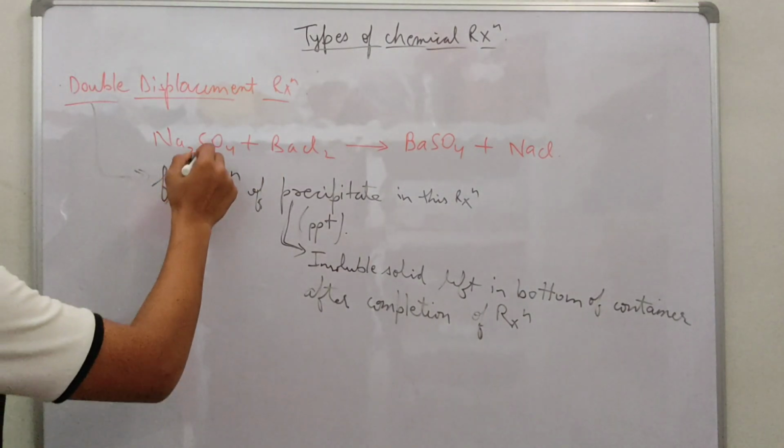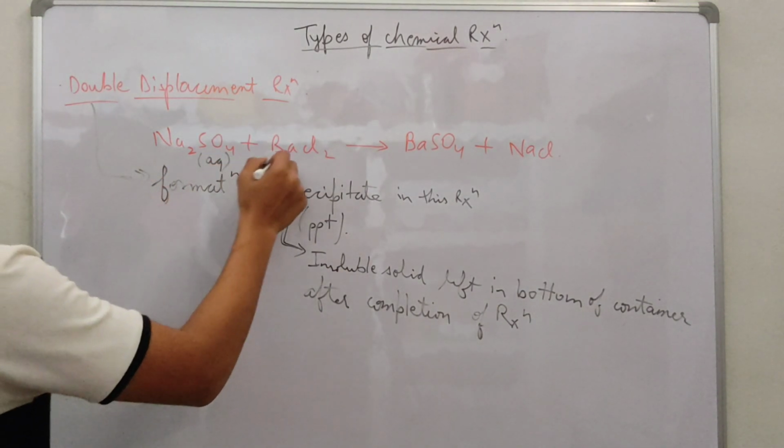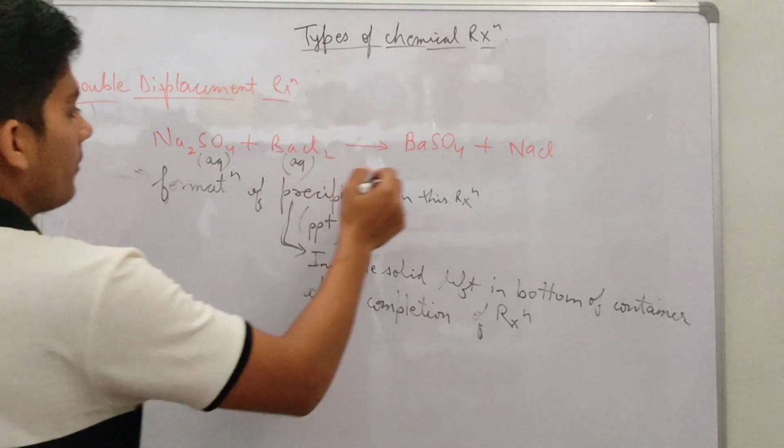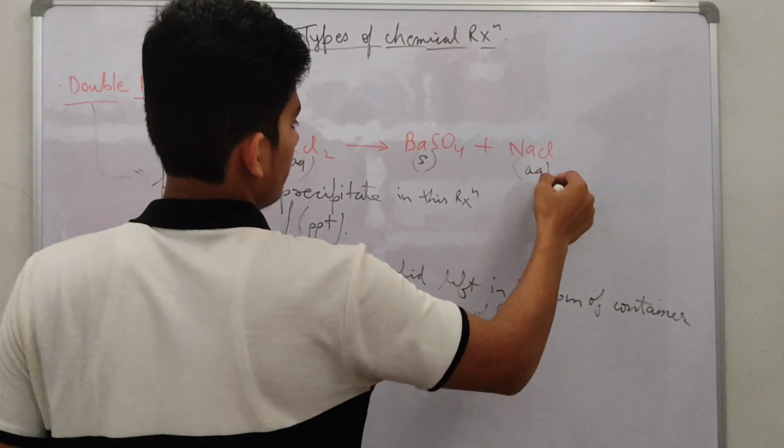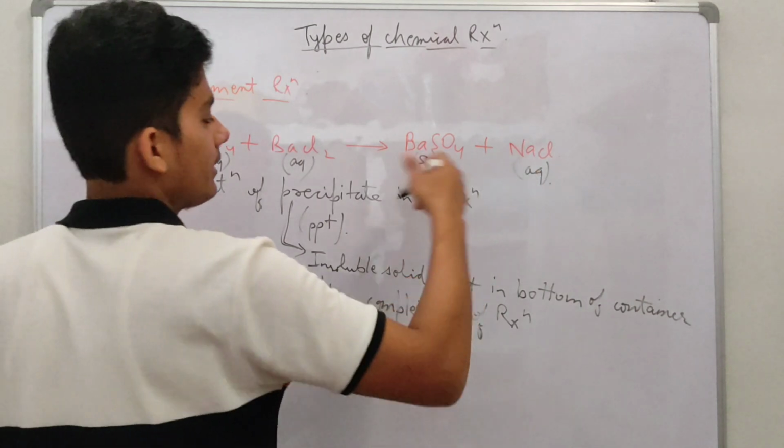So you can clearly see here this is aqueous, this was also aqueous, but this is solid, and this is aqueous. And NaCl is aqueous.